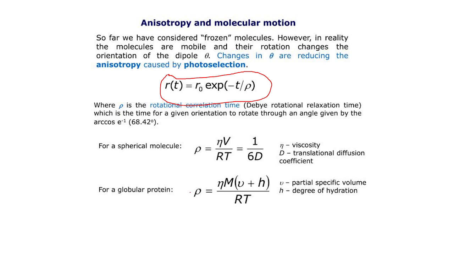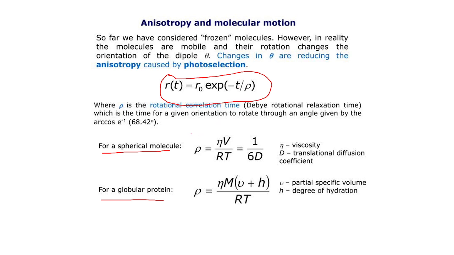And for a globular protein, the rotational correlation time is viscosity times molecular weight, times the partial specific volume plus the degree of hydration, divided by RT. These two equations are also important, along with the general equation, R for time t equals R naught e to the power minus t by rotational correlation time.